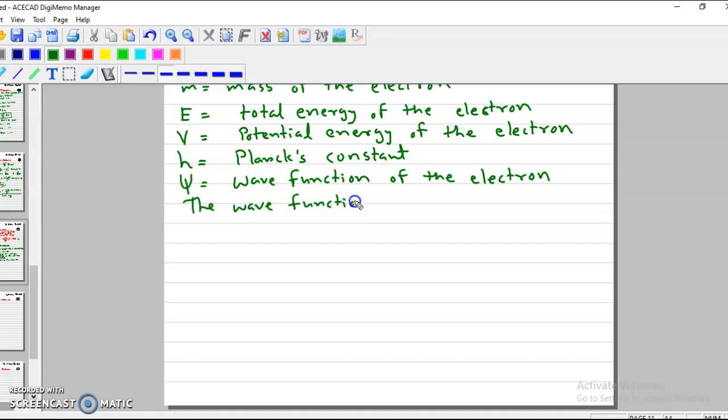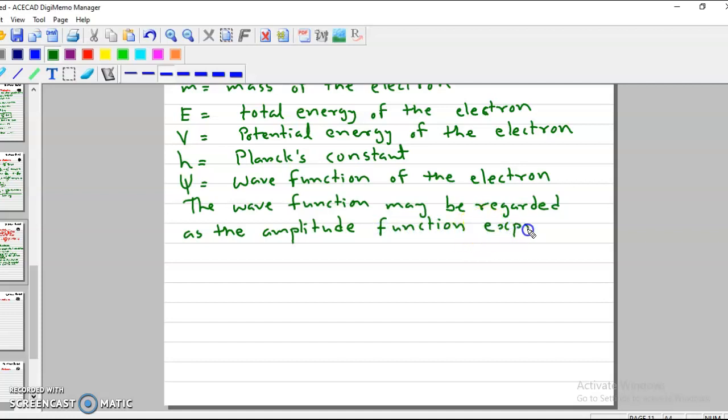So the wave function may be regarded as the amplitude function expressed in terms of coordinates x, y, and z.